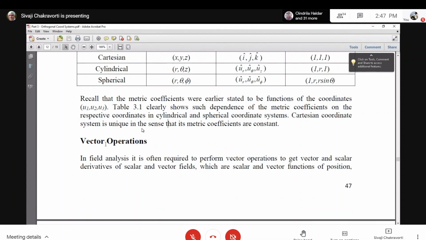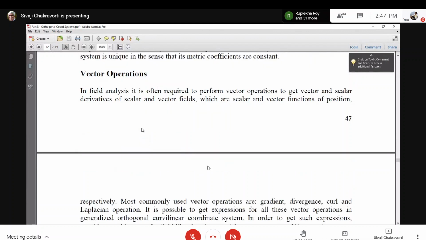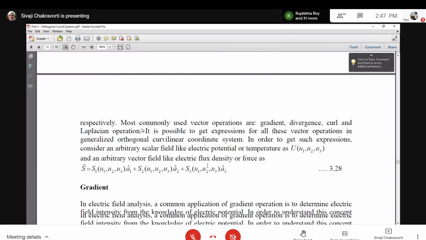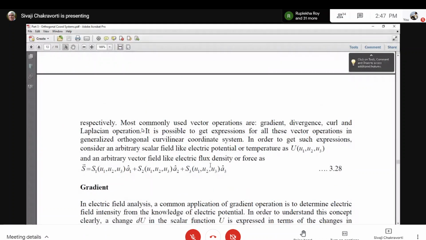Now I move on to the vector operations. Can we write the vector operators in terms of the generalized coordinates instead of just x, y, z? Well, let us look at it this way.